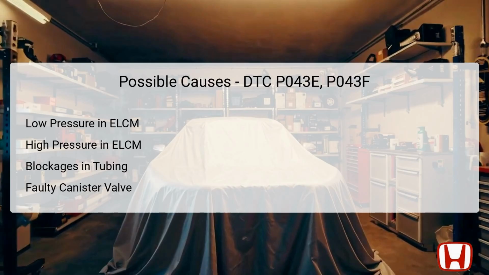Additionally, blockages in the tubing associated with the EVAP system can significantly impact its efficiency and functionality, leading to erroneous pressure readings. A faulty canister one-way valve could also contribute, as it prevents the correct flow of vapors back into the engine, potentially raising pressure unnecessarily. Thus, identifying these concerns will help streamline the troubleshooting process and address the root of the problem effectively.